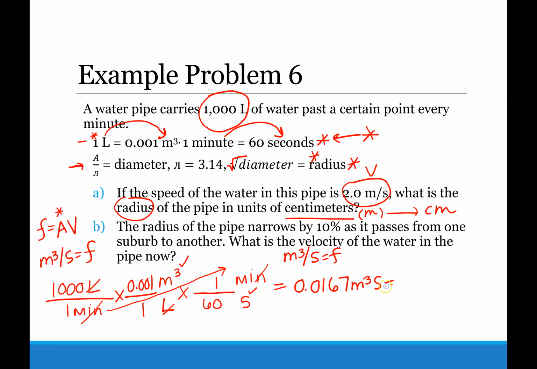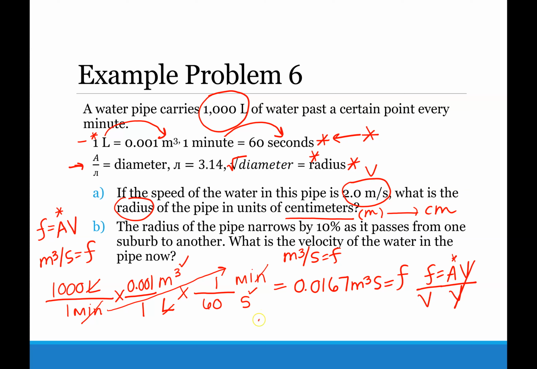And so this is our volume flow rate. So now we're going to use that volume flow rate equation. So volume flow rate equals area times velocity to find area. So to do that, we're going to divide by the velocity and it's going to cancel.